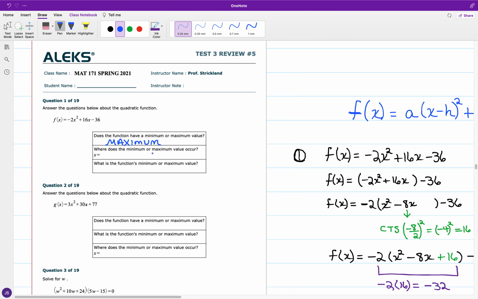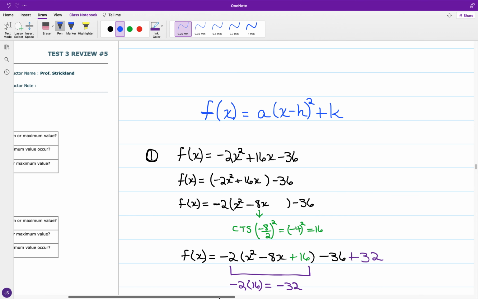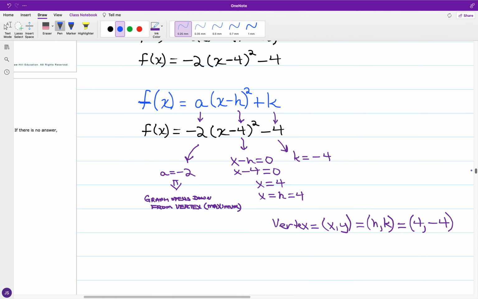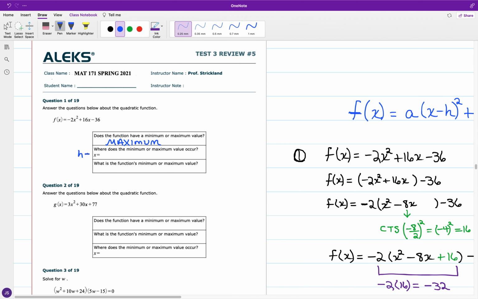It's asking for what x coordinate the maximum value occurs, and that is going to be your h value, which is 4. So your h value is equal to x is equal to 4, and the vertex is located at 4, -4. And the function's maximum value in this case is going to be your k value, and that is going to end up at -4.